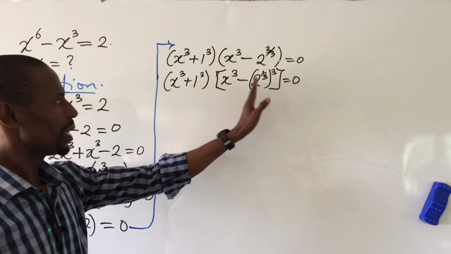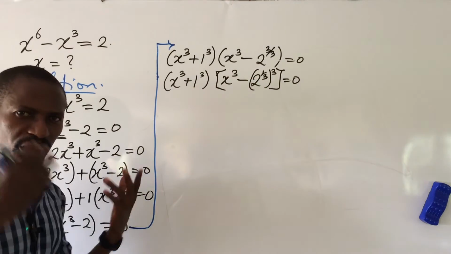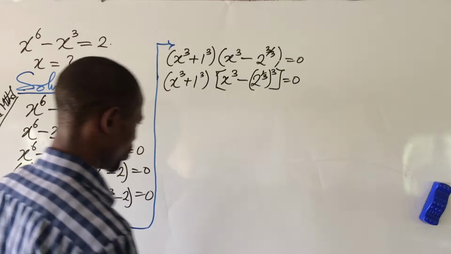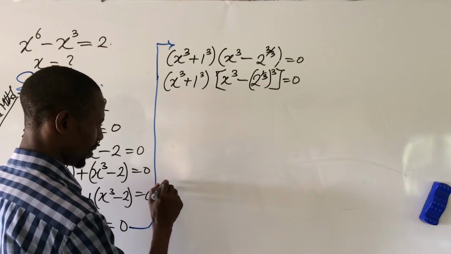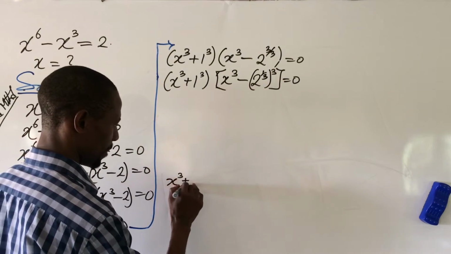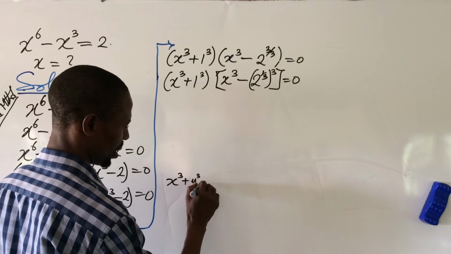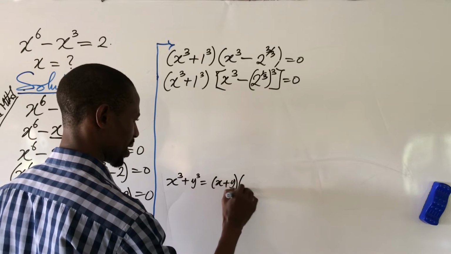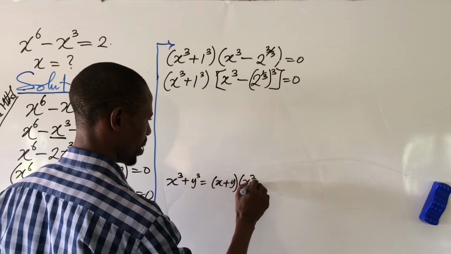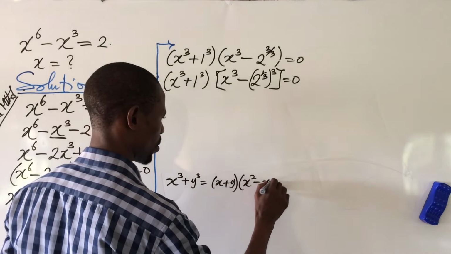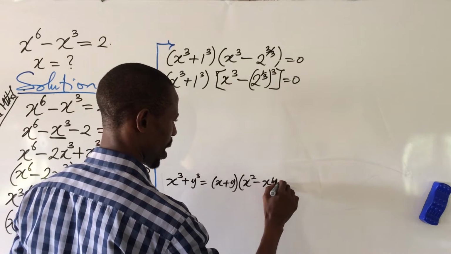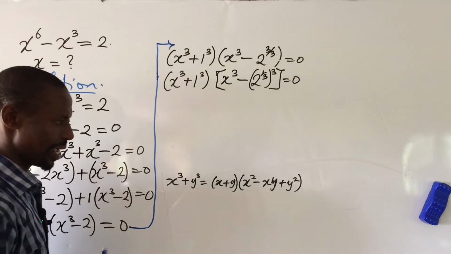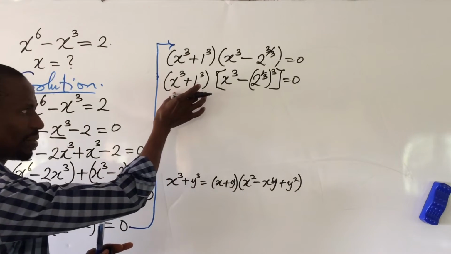Now, with this expression we have here, we recall our special algebraic identities. The first one says, if you have x to the power of 3 plus y to the power of 3, this is equal to bracket x plus y, close bracket, x squared minus xy plus y squared. Remember this identity? So what we have here is the same thing.